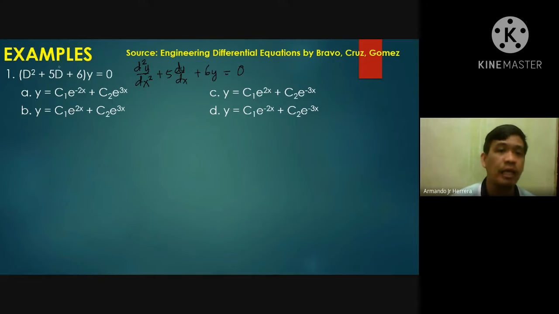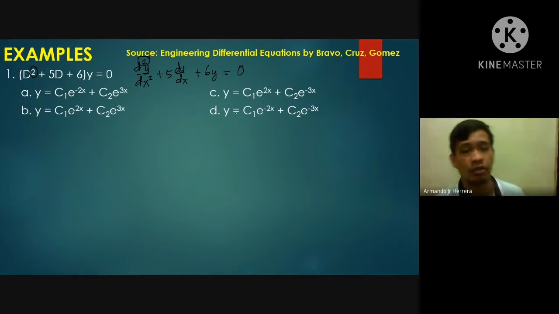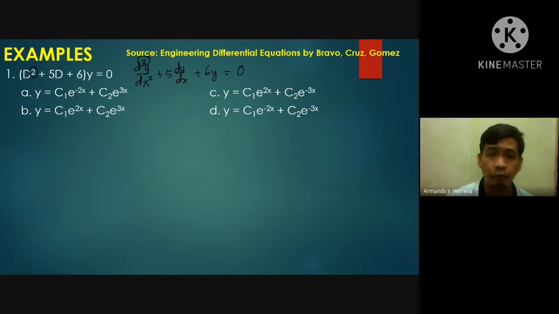That is what this D operator means. Again, the exponent of D represents the order of the differential equation. From our first discussion, the order is determined by our number of arbitrary constants. Since we have two constants, it must be a second order differential equation.